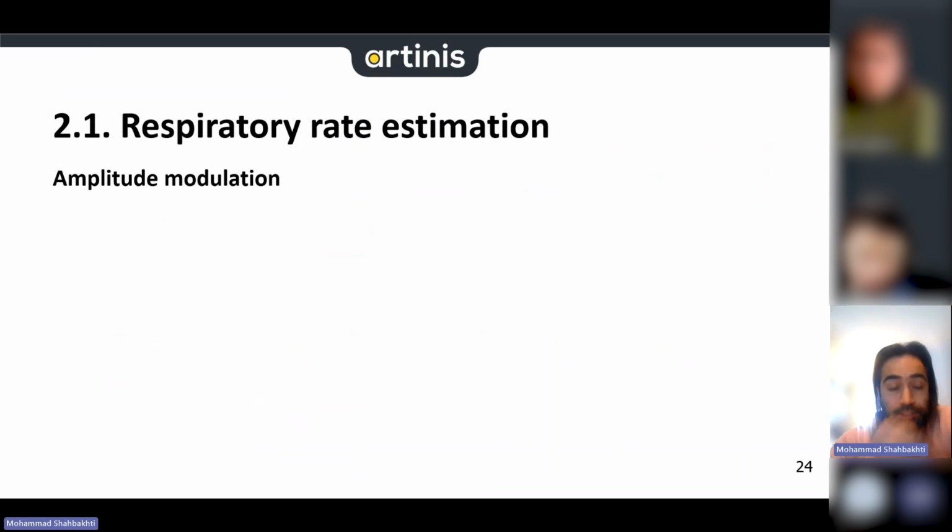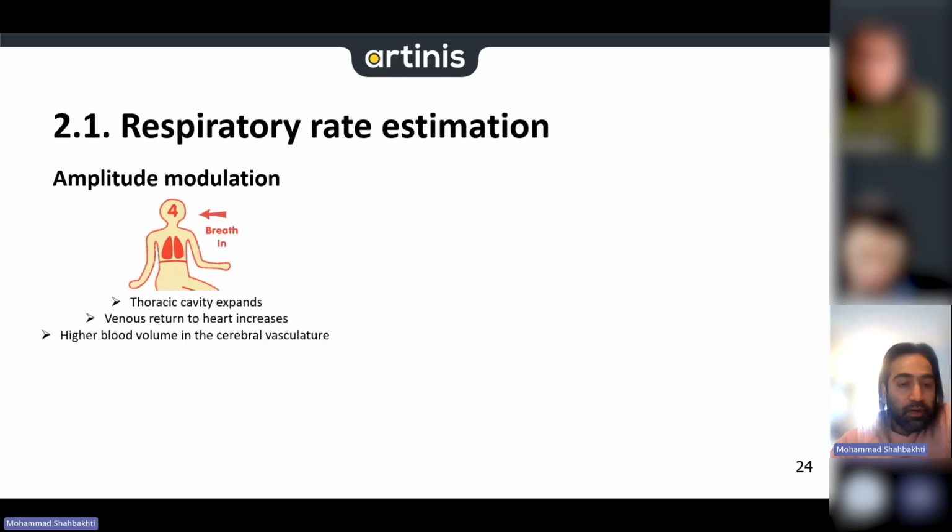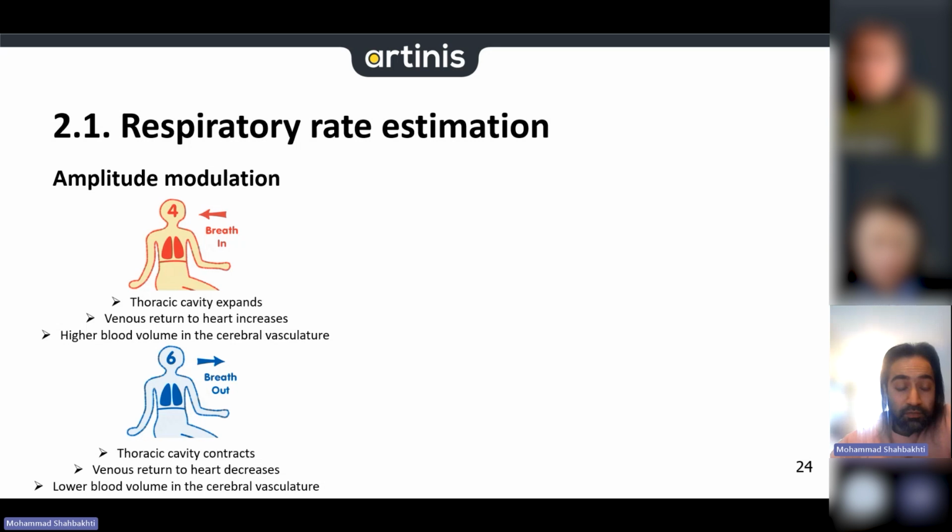The second modulation is amplitude modulation. When we are inhaling, the thoracic cavity expands, which increases venous return to the heart, and as a consequence, higher blood volume in the cerebral vasculature is expected. This is the opposite for exhaling: the thoracic cavity contracts, venous return to the heart decreases, and therefore lower blood volume in the cerebral vasculature can be expected.